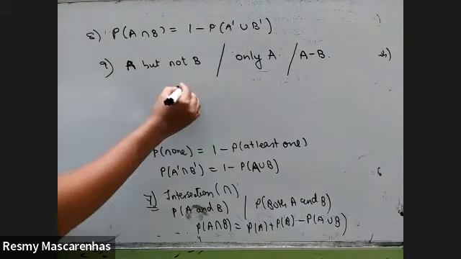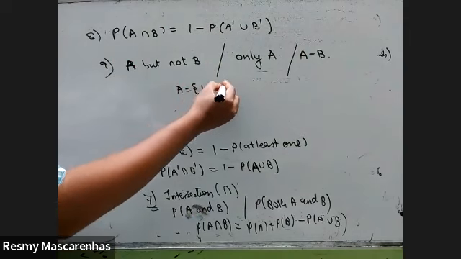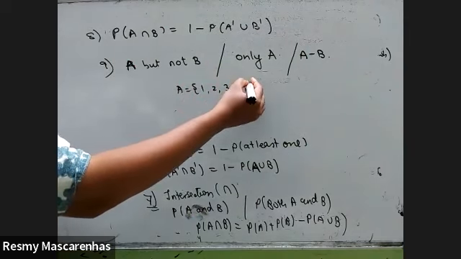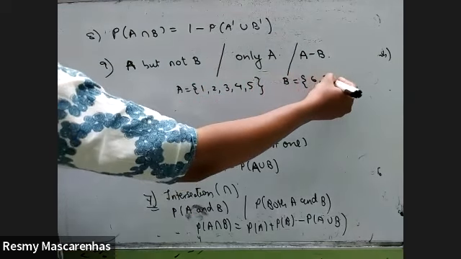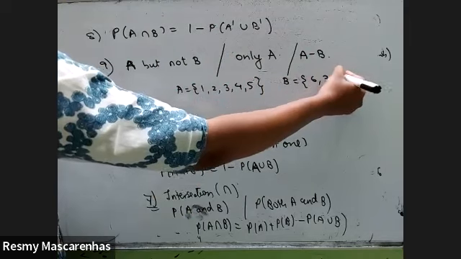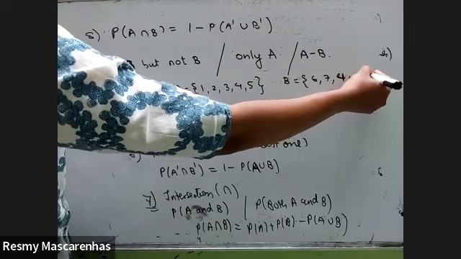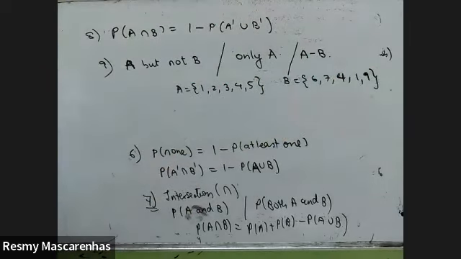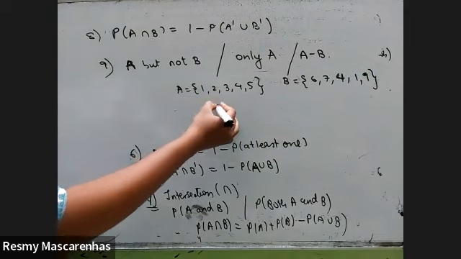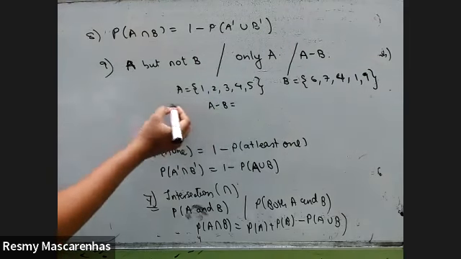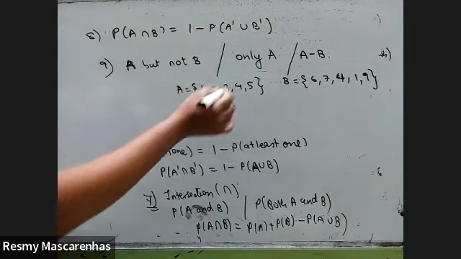So it's like I want only A, I don't want friend B. In case A has 1, 2, 3, 4, B has 6, 7, 4, 1, and 9. And suppose I want to find what is A minus B. I want to find A minus B or only A but not B, like that.